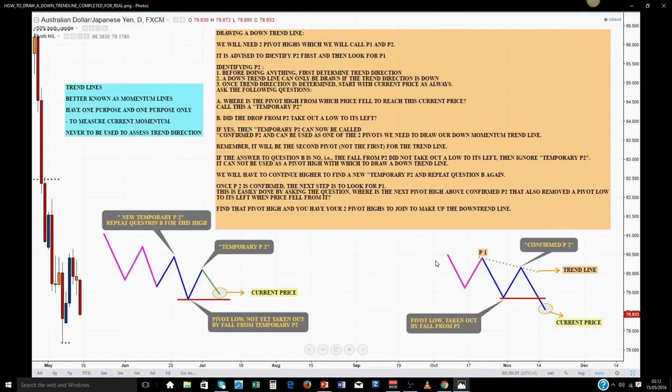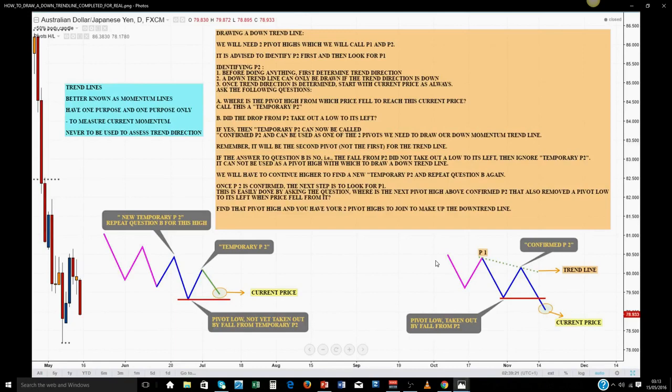That's why I call it the momentum trend line, just to help my brain tweak that this is purely for momentum. Okay? So if we're going to draw a trend line, to further buttress the point that we don't use it for identifying trend, the first thing to do is not to identify your pivot highs that you're going to use to draw your downtrend line.